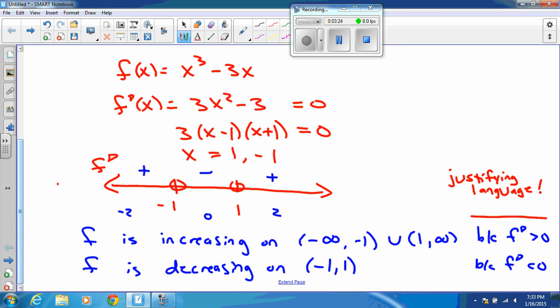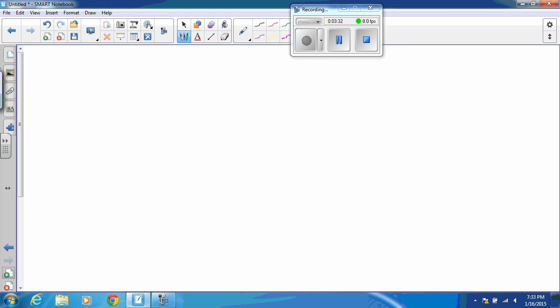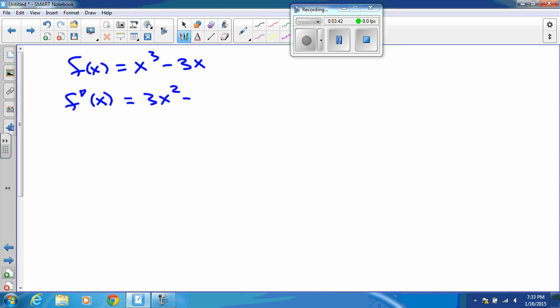Now what I'd like to do is to consider the meaning of f double prime. Everything that we've done so far has been familiar to you. But now let's take a look at f double prime using the same function. Of course, to get f double prime, we first have to find f prime, and there it is.